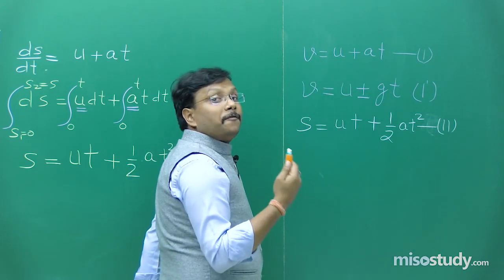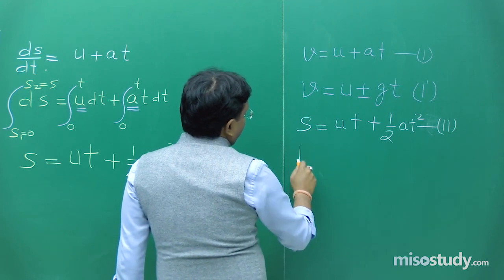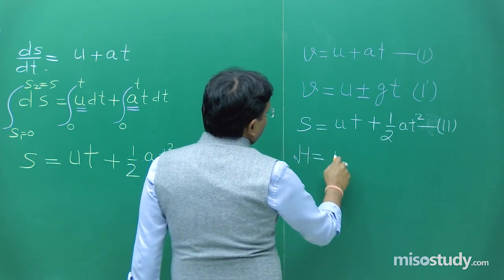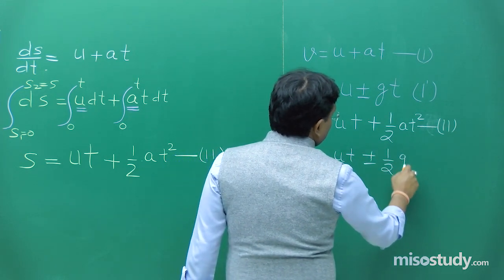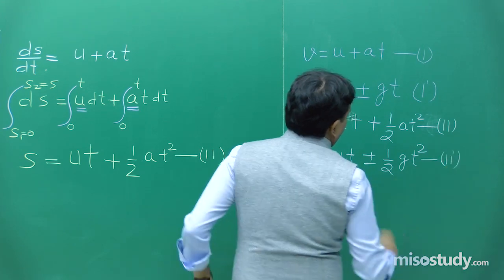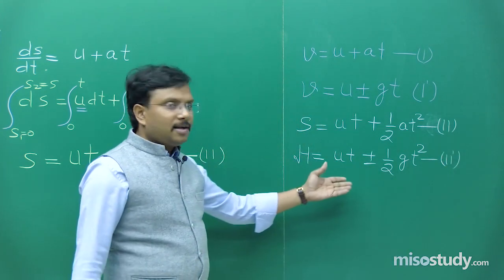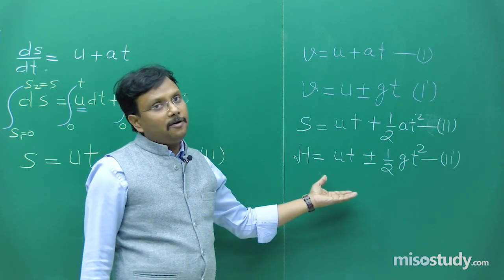Also, in case of gravitational aspect, I can write it as H is equal to ut plus minus half gt square. You can say equation 2 prime. Now, plus minus, as I explained in this particular relation, so we can easily find out.